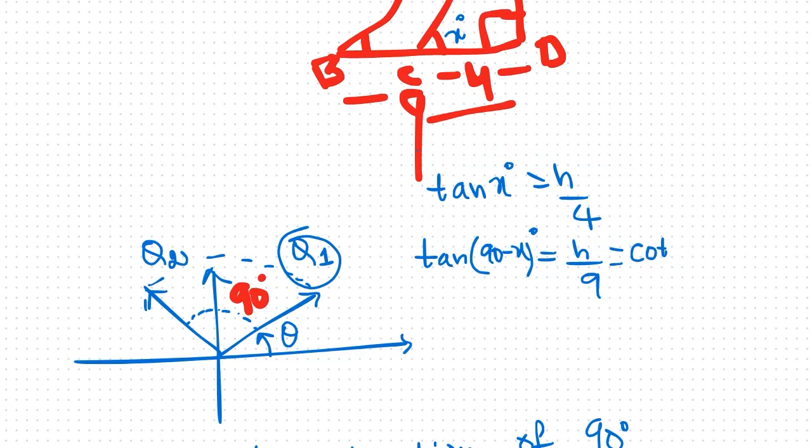Our objective is to find the height of the building. How to do it? We found cot x, right? So cot x was this much, 9 by h. And cot's inverse is tan x, right?